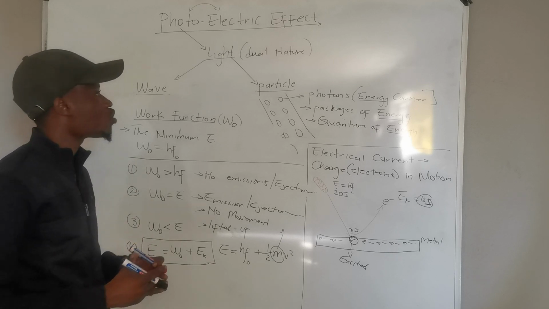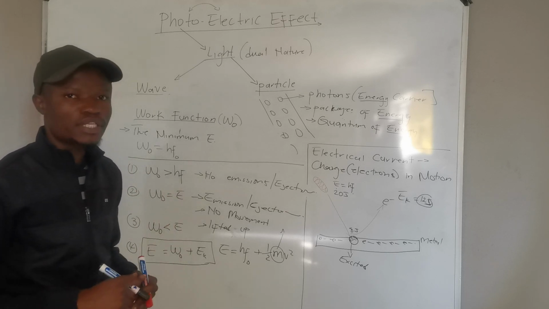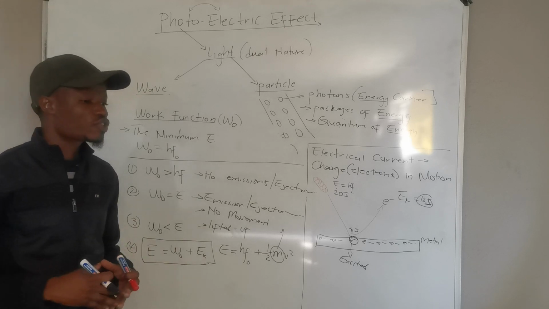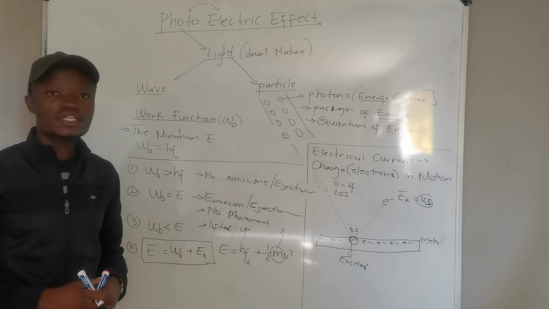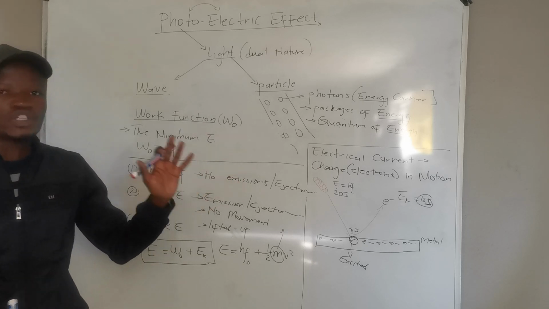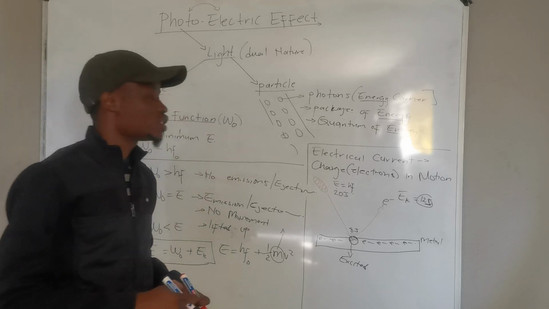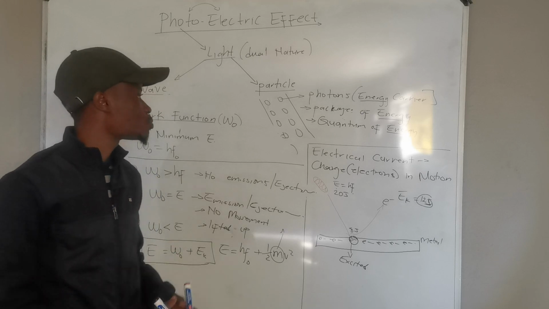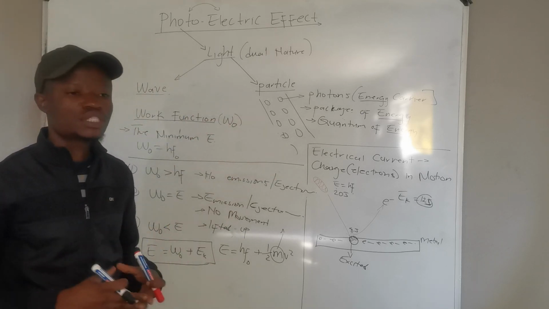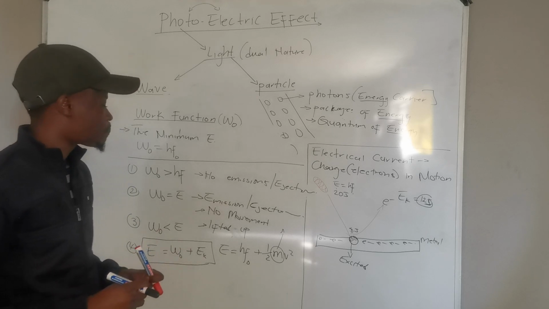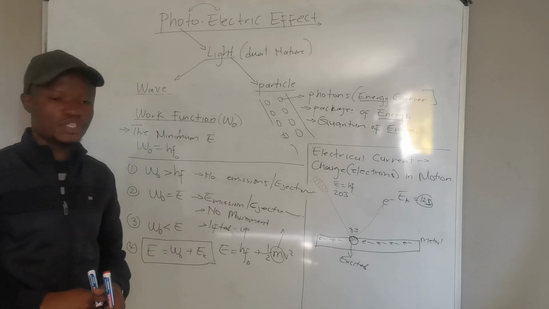We are going to meet on that one even when I explain the graphs. Now check for the next video on photoelectric effect. We will be explaining that and doing some questions showing you how to take the information that we have discussed and put it in answering your questions.